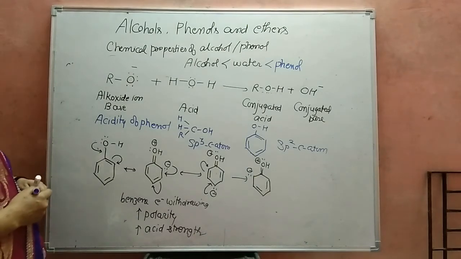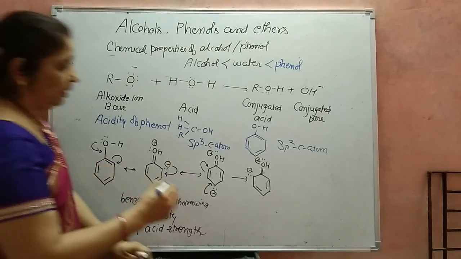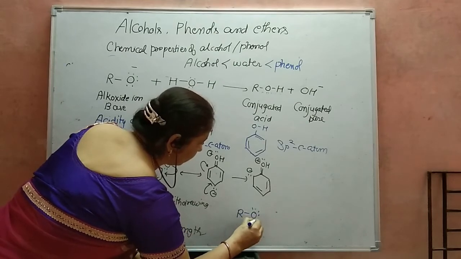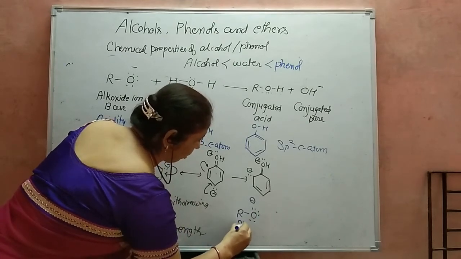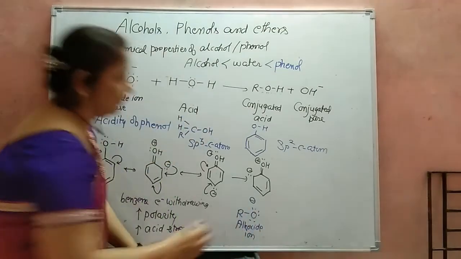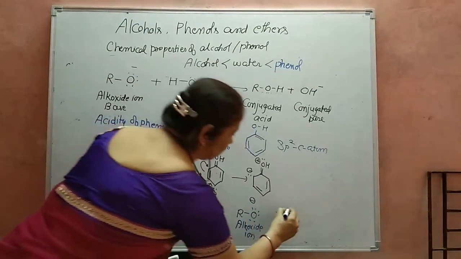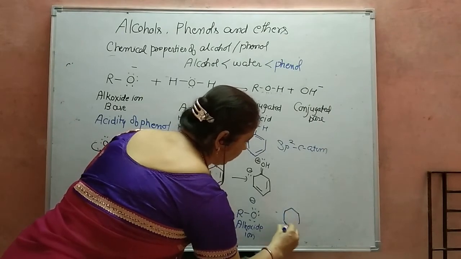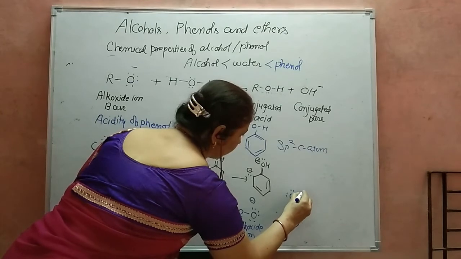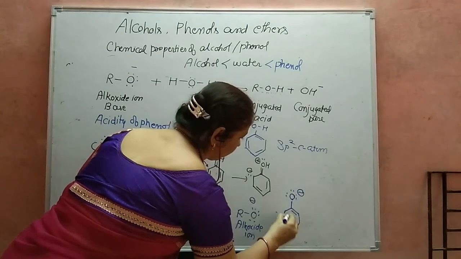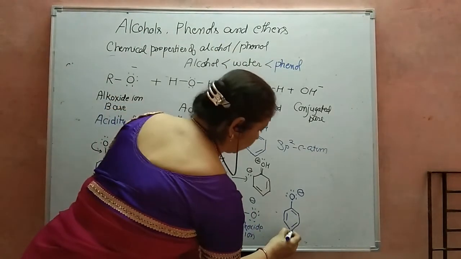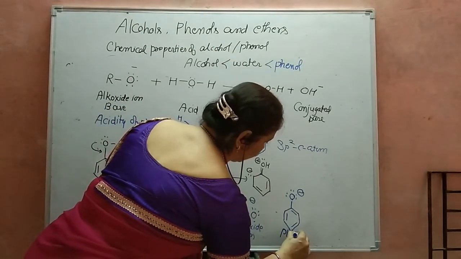Now one thing we discussed, that RO negative is the alkoxide ion, while if phenol gives the H positive, then phenol forms the ion that is called the phenoxide ion.